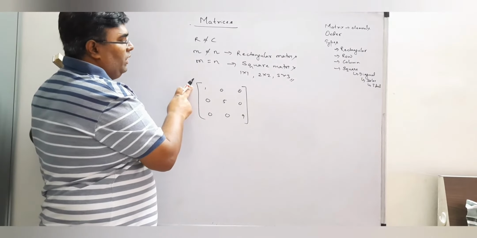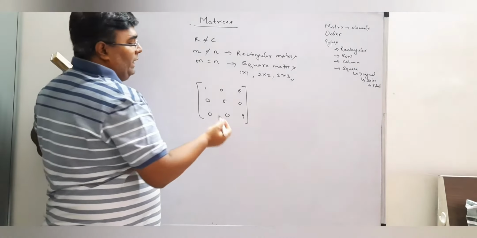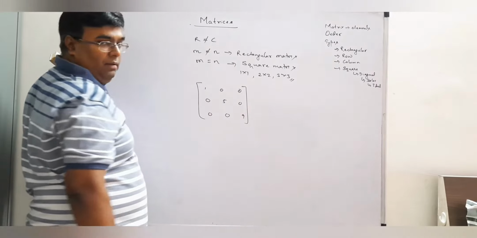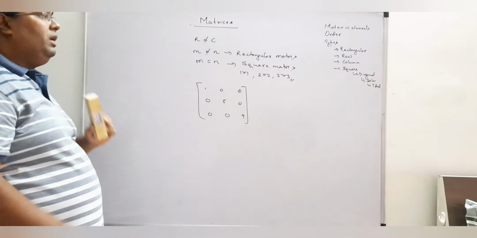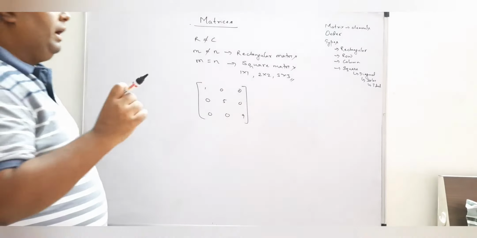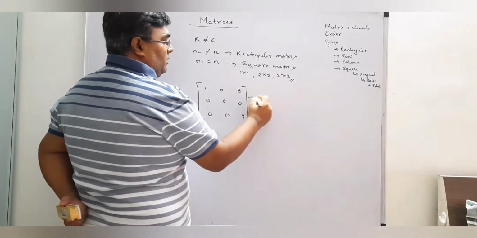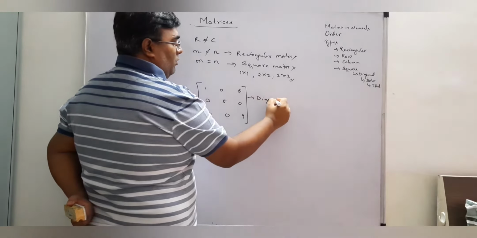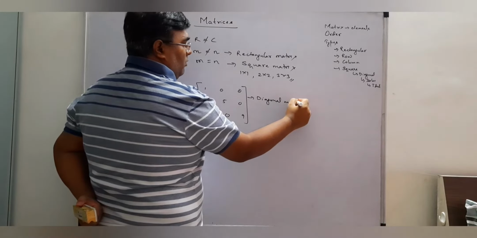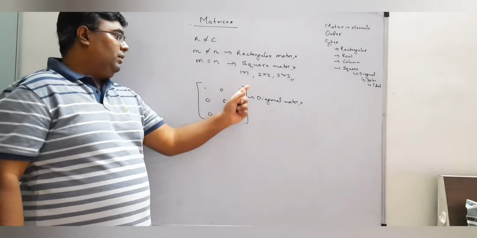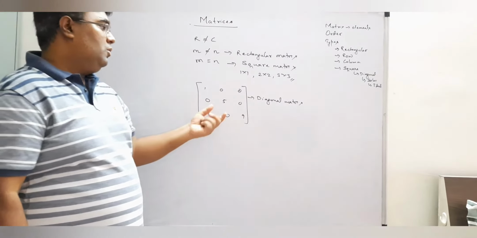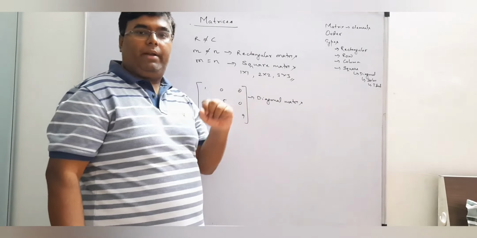If there are elements only on this diagonal, it is known as a diagonal matrix. This is a 3 by 3 square matrix, but all the other elements are 0. So we call it a diagonal matrix.